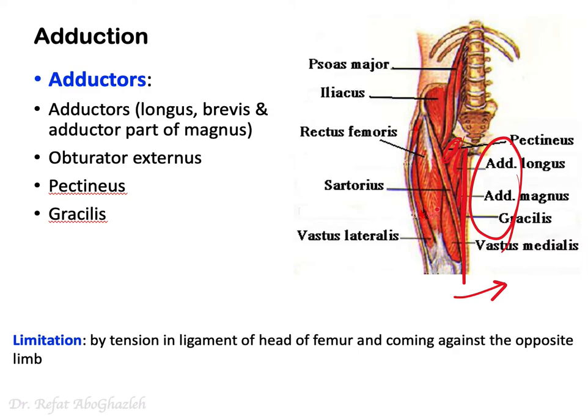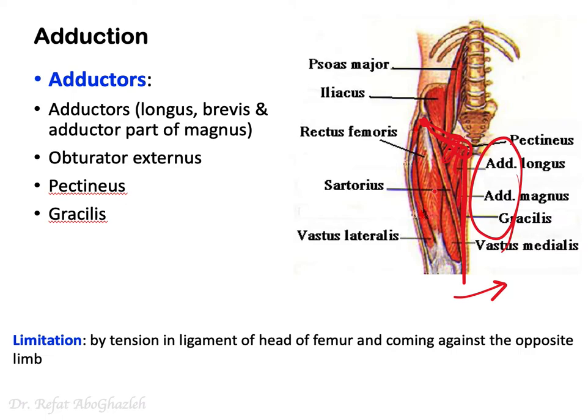This muscle, with the help, of course, of obturator externus, because it's located here and attaches back to the trochanteric fossa, once contracted, helps in adduction of the hip joint.